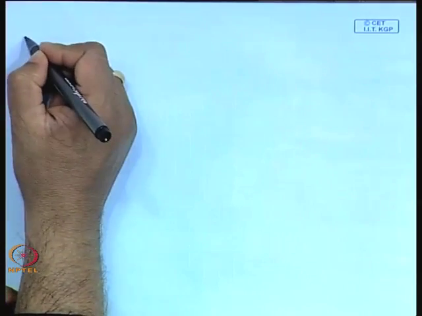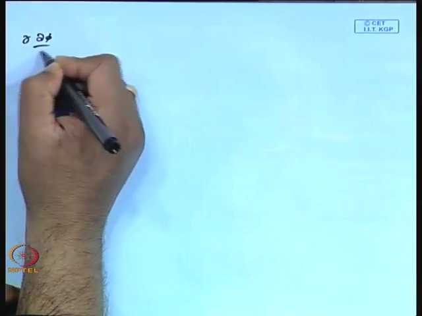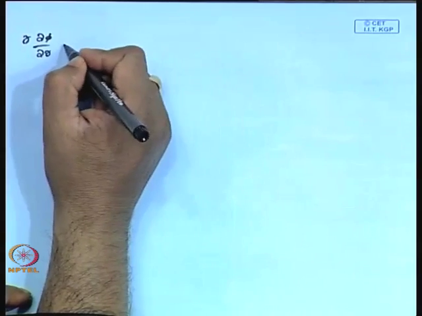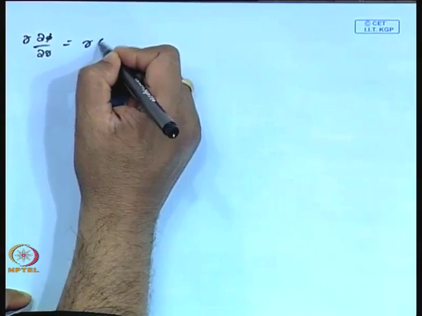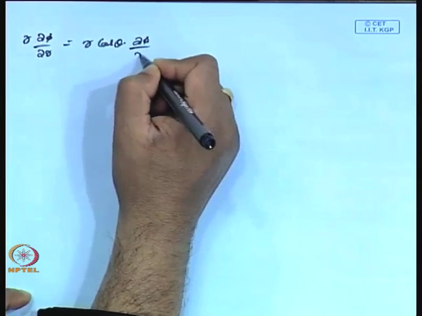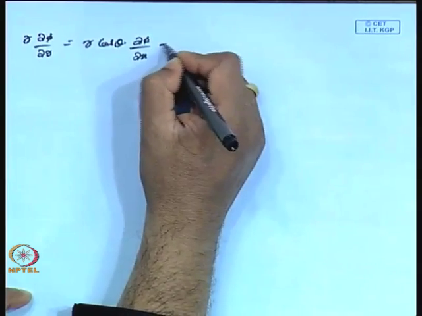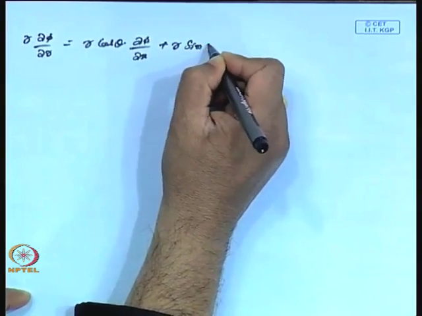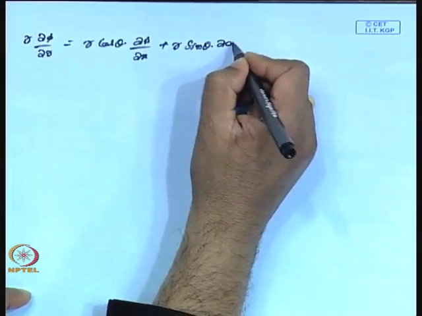Now, in a similar manner, if I go back to r del phi by del r, which is nothing but r cos theta del phi by del x plus r sin theta del phi by del y.